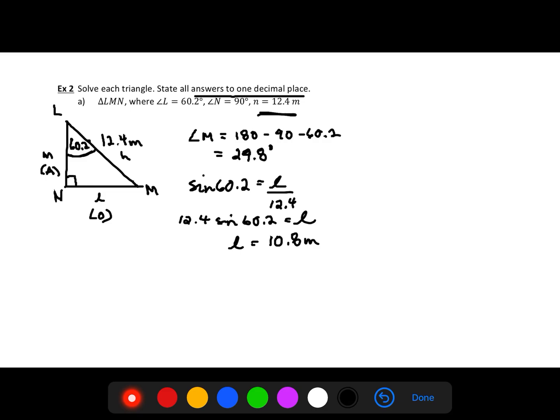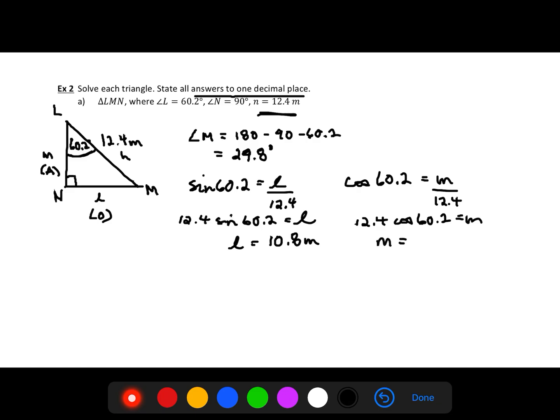Now we still need to find side M. Still using angle L, we know that we need to find our adjacent. So this time we're going to use adjacent and hypotenuse, which means we're going to use cosine of 60.2 is equal to M over 12.4.